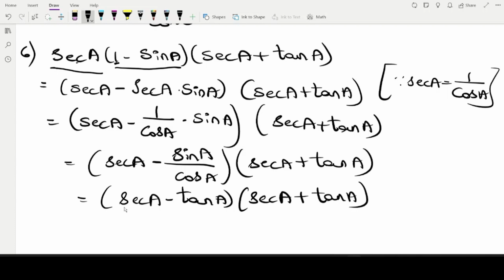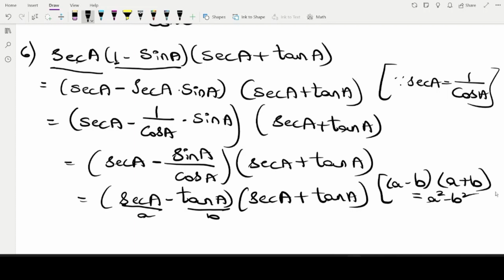So assume secant a as a and tan a as b. This appears like a minus b into a plus b, which is a square minus b square. You know the formula. So what is a square here? Secant square a minus, what is b square here? Tan square a.